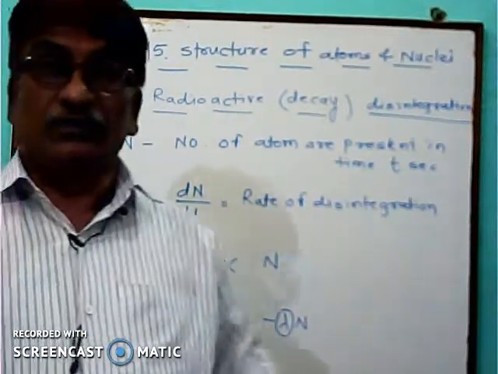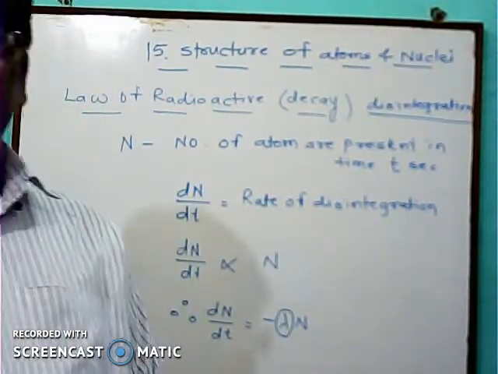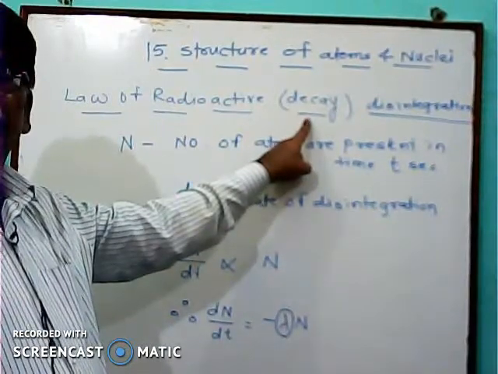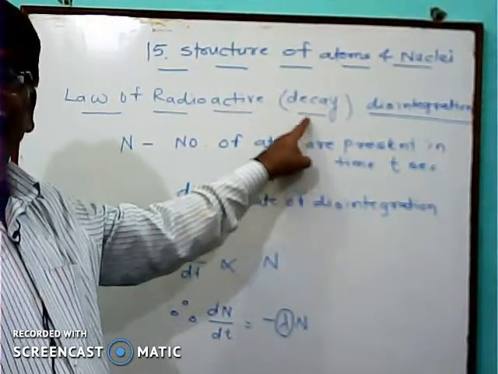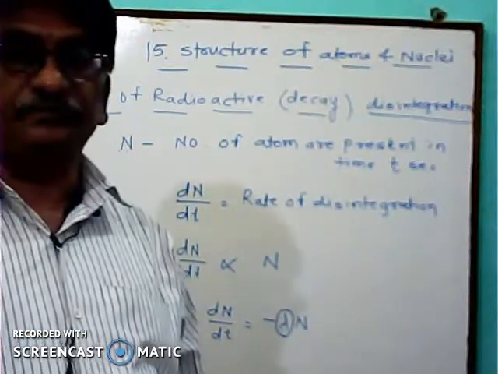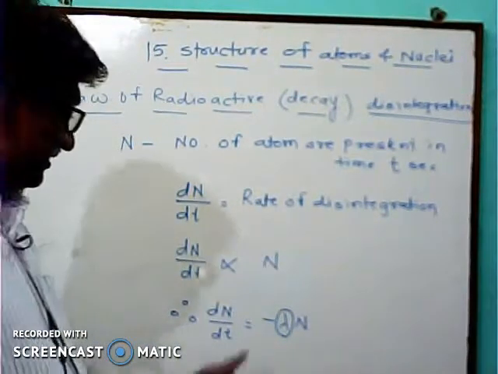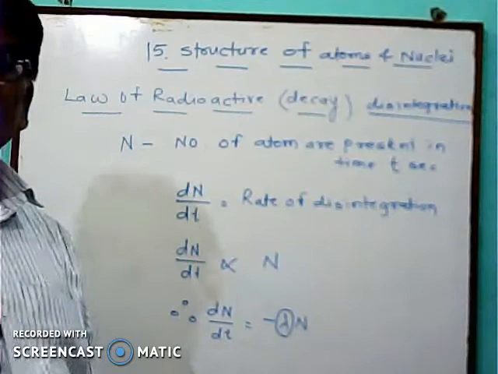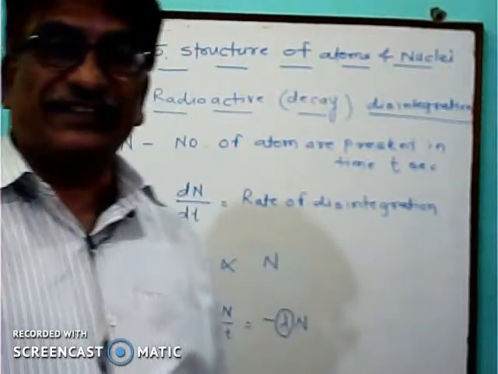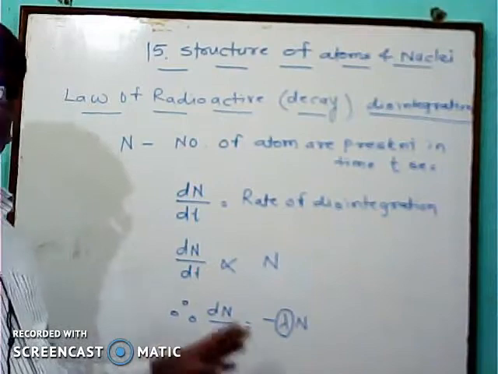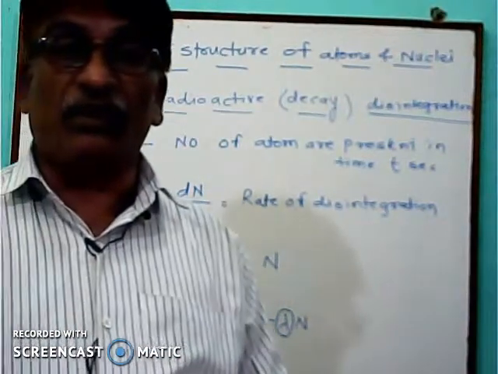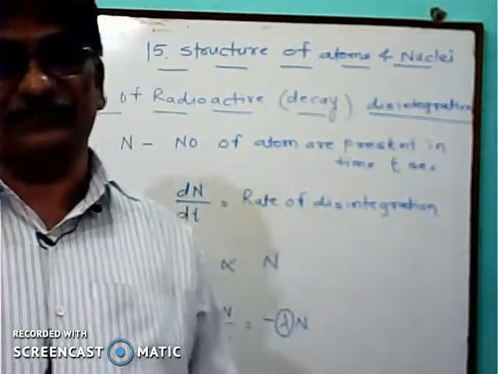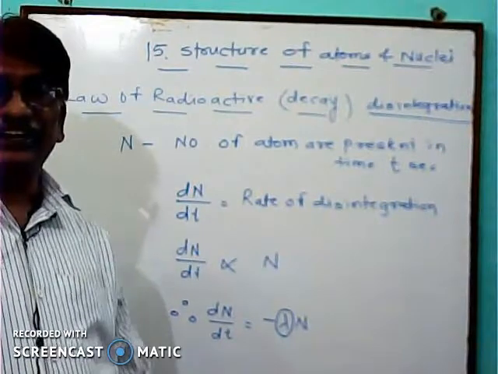But here lambda is a constant, and that constant is called the decay constant. There is a minus sign, which means that the rate of disintegration and the number of atoms are opposite in direction.